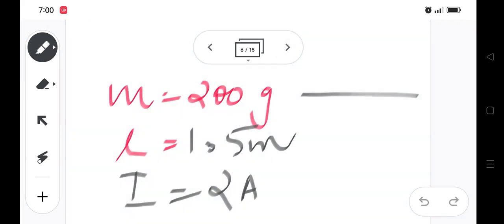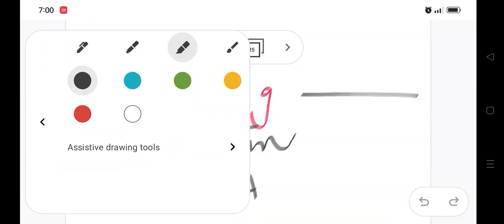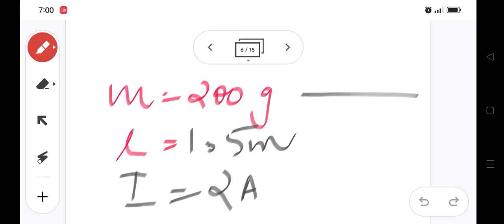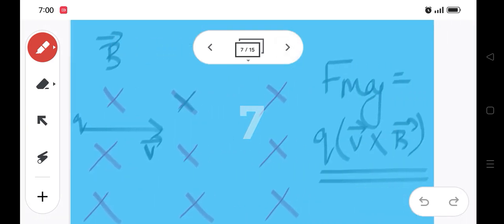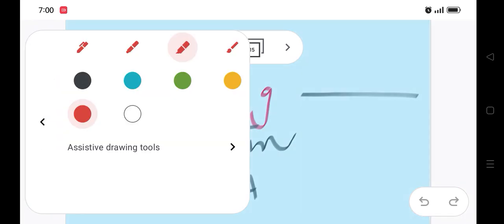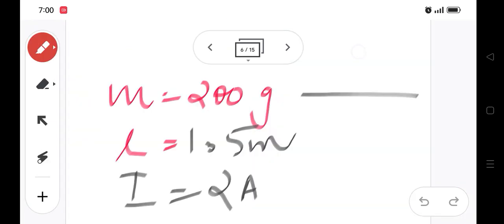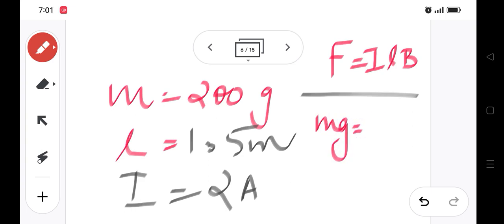Since it is suspended in air, with this force, we have one equation: the force on this wire, F equals ILB. When we use it, we get mg equals ILB.